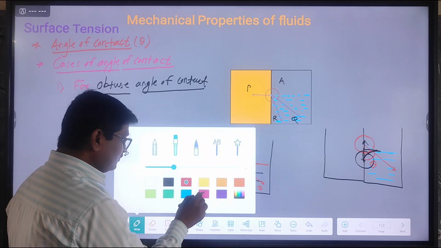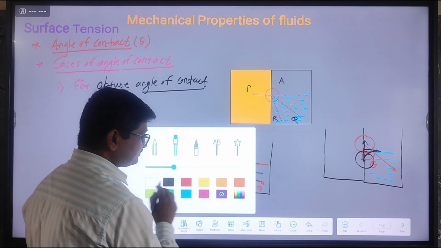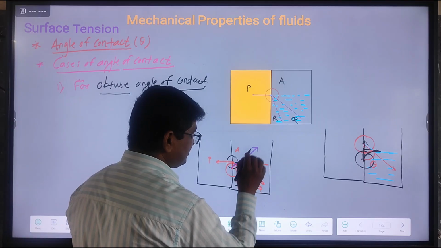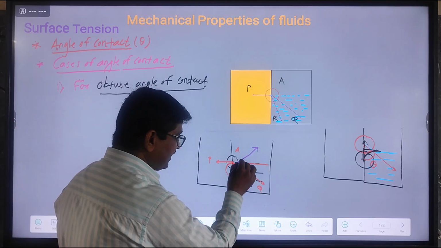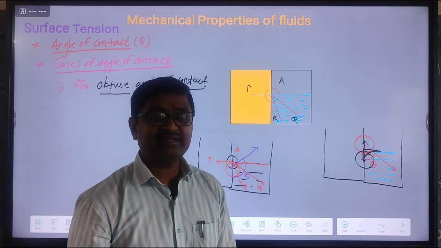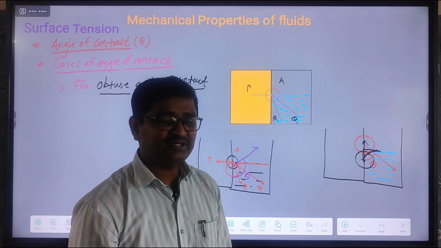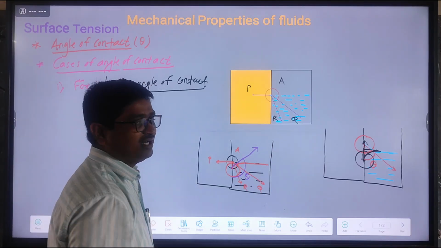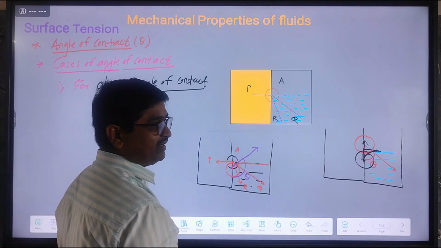And after that, when we draw the tangent, the angle of contact of the liquid is obtuse, greater than 90 degrees. It is very important. Now the second case, when the solid is in contact with liquid and the liquid is mercury, we know that mercury does not wet the solid.